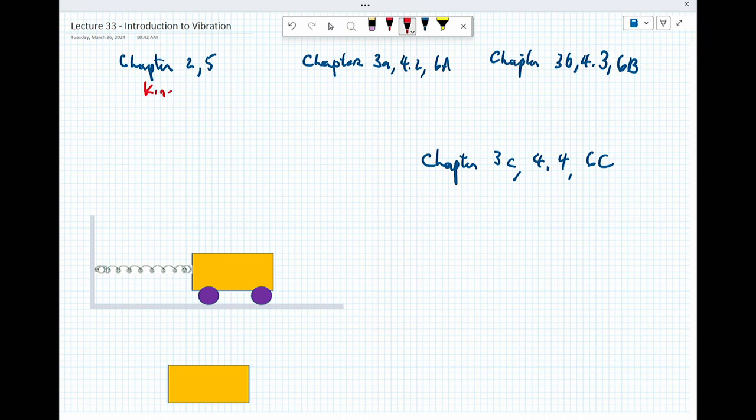Chapters 2 and 5 were the kinematics. Chapters 3, 4, 6 have been kinetics.